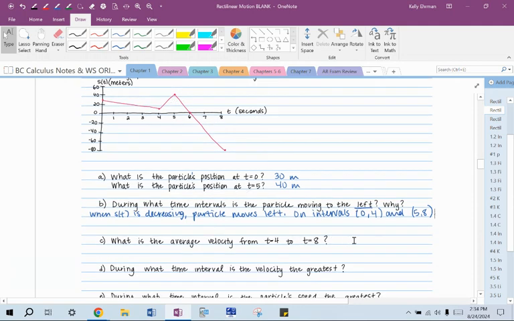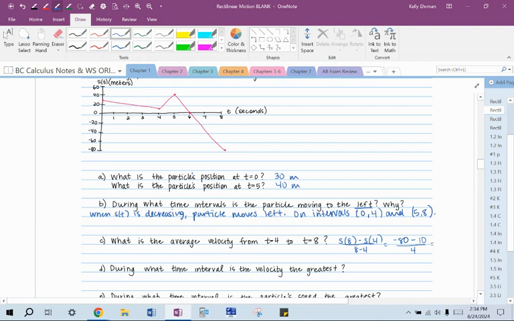What is the average velocity from 4 to 8? So instead of x, this is called s of t. So it's going to be s of 8 minus s of 4 over 8 minus 4. S of 8 looks like it's at -80. S of 4 looks like it's at about 10. That's a difference of 4 seconds.